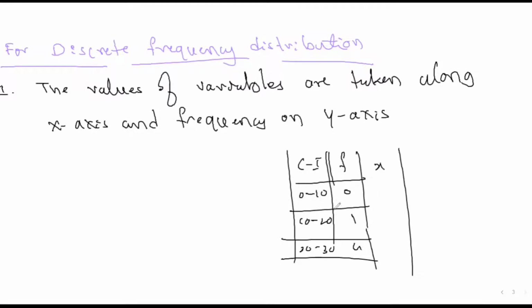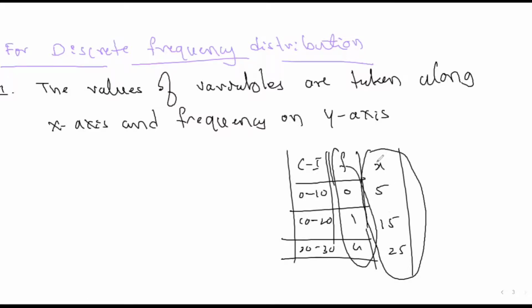How to find the midpoint? We add these two and divide by 2. 0 plus 10, 10 divided by 2, 5. 10 plus 20, 30, 30 by 2, 15. 20 plus 30, 50, 50 by 2, 25. So these are the values of variables, and these are the frequencies.